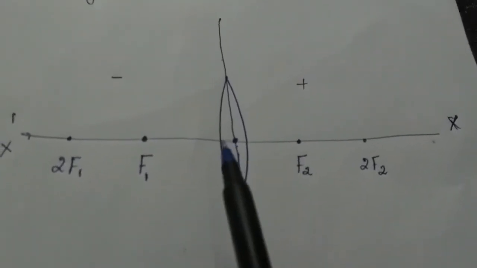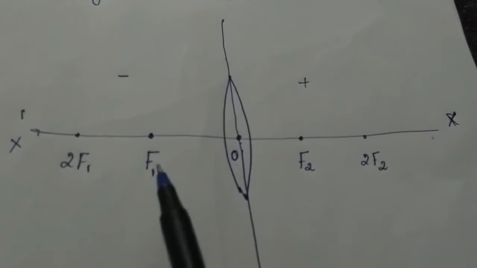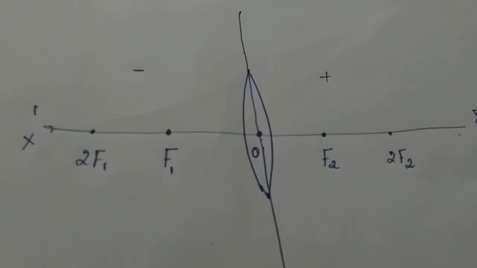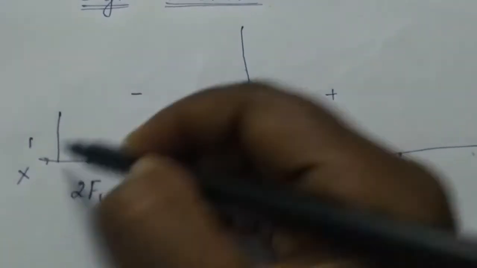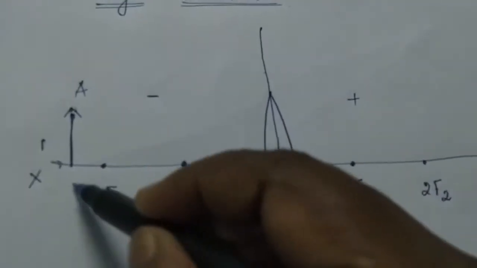The object is always placed on the left side of the lens.